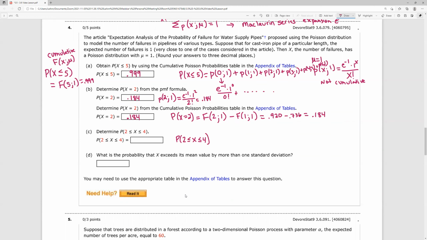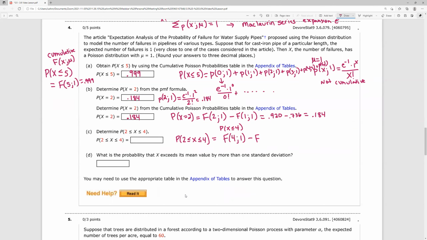The key with this one is about the endpoints, because when you look up something in the cumulative table, it includes that actual endpoint. So if I start with the bigger one, which is 4, okay, this is directly related to the probability that x is less than or equal to 4 with the equal to.